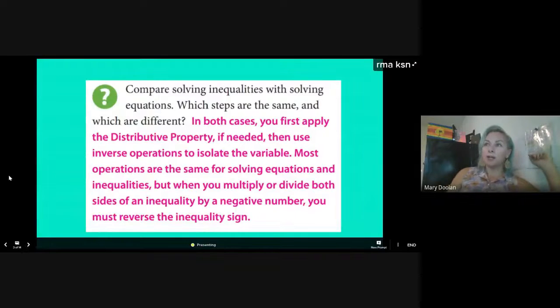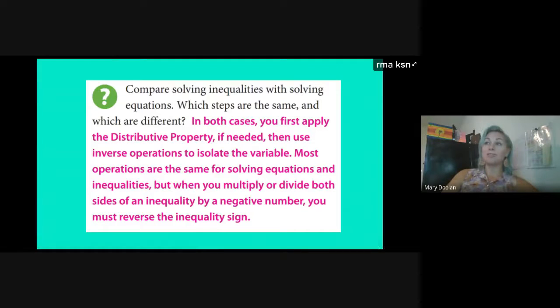All right, so when you compare solving inequalities with solving equations, which steps are the same and which are different? You have learned this before, but it's been a couple years. In both cases, you first apply the distributive property if it shows up, and then you use inverse operations to isolate your variable.